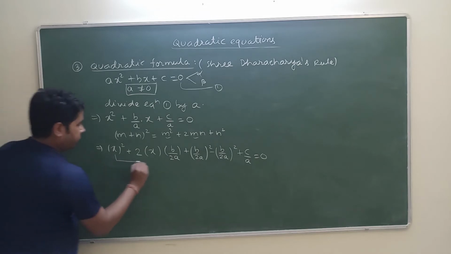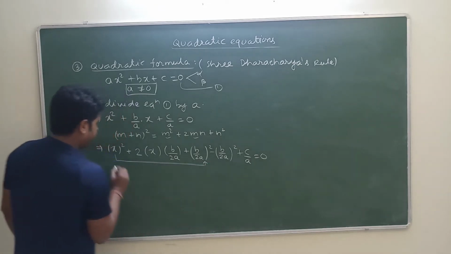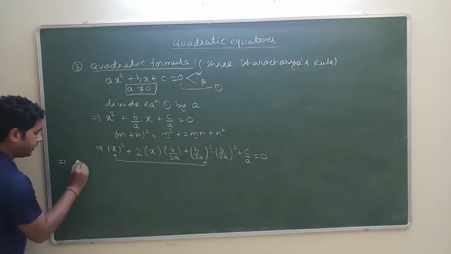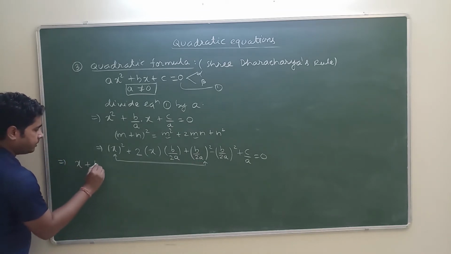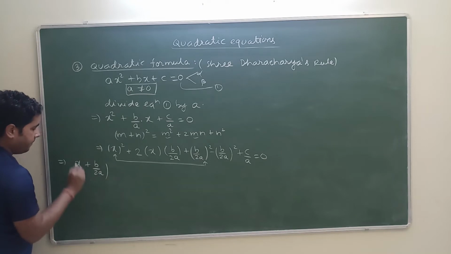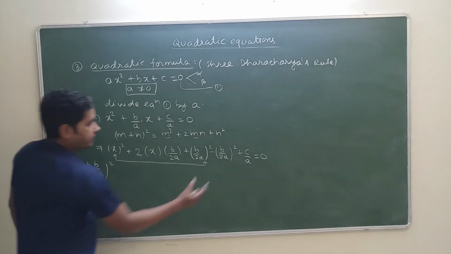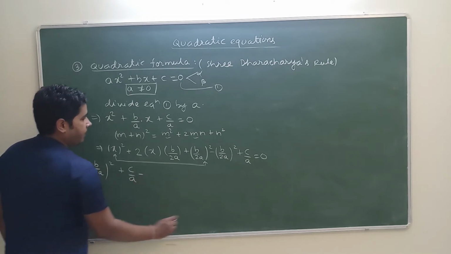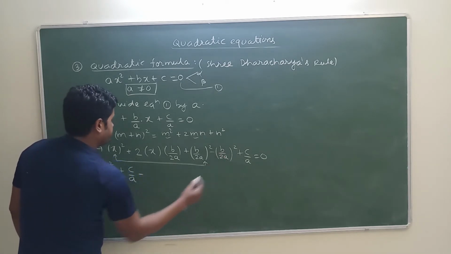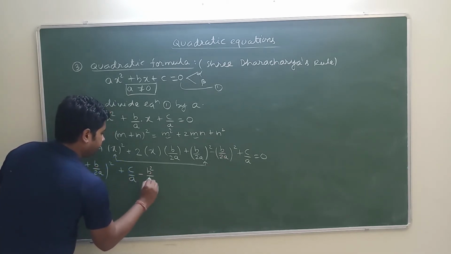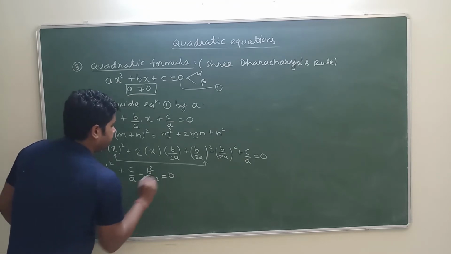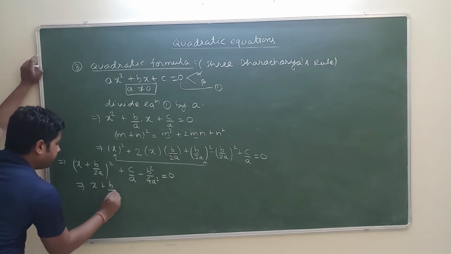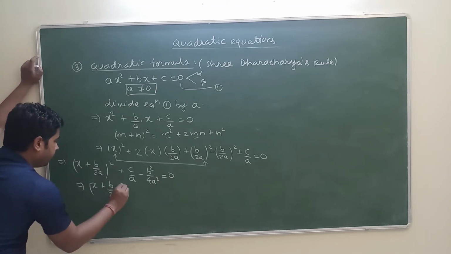From here to here, you can see this is m square plus 2mn plus n square, so it is directly m plus n whole square, and then these two you can simplify. You will get c by a minus b square by 4a square equal to 0. When you simplify this, it will be x plus b by 2a whole square.